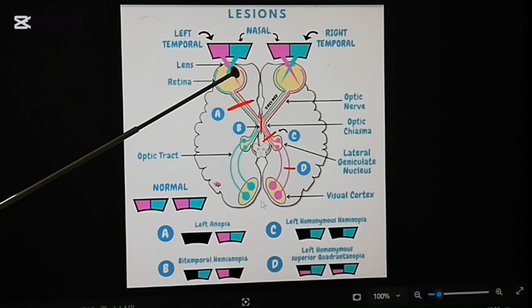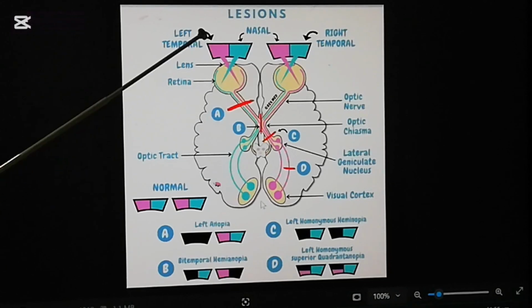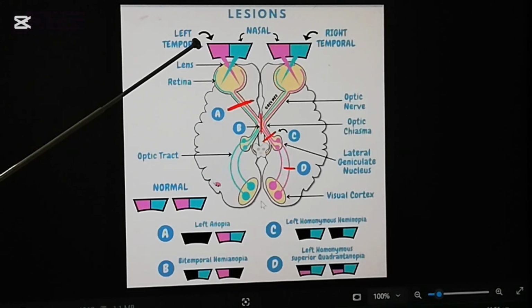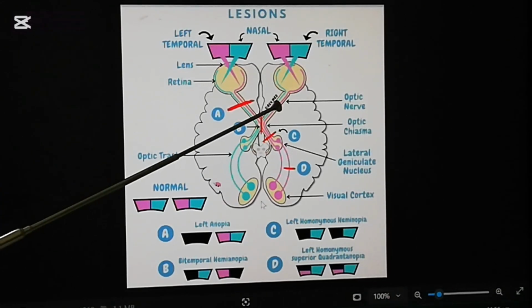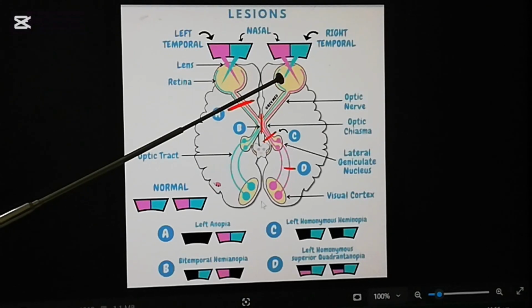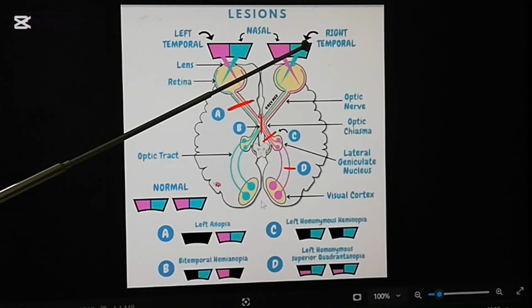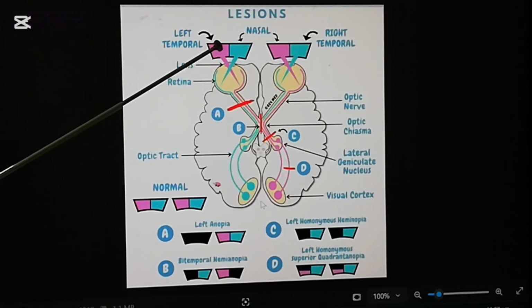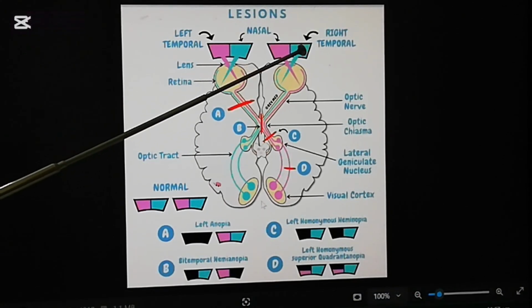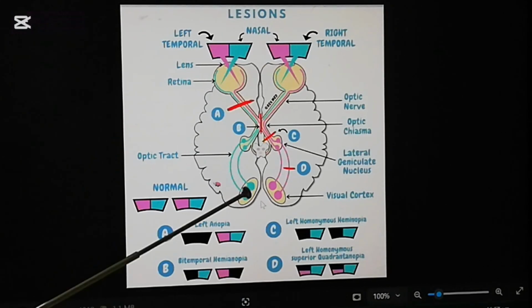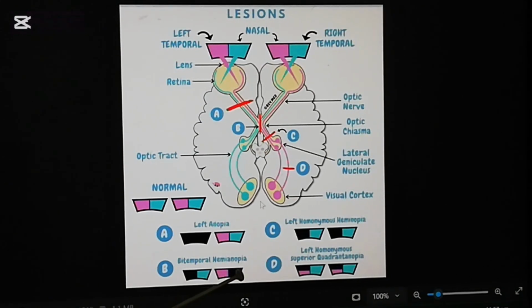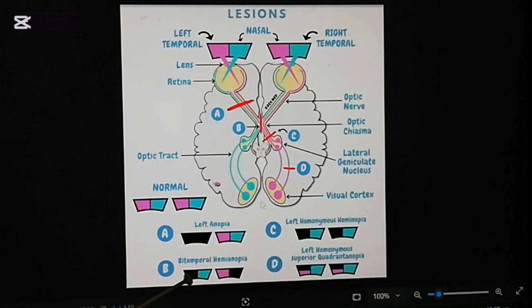The nasal fibers are receiving the left temporal field, and here you see that the right nasal fibers are receiving the right temporal field. Okay, so there is loss of both temporal fields of vision, or bitemporal loss of vision, but the vision loss is half, hemi, so we label it as bitemporal hemianopia.